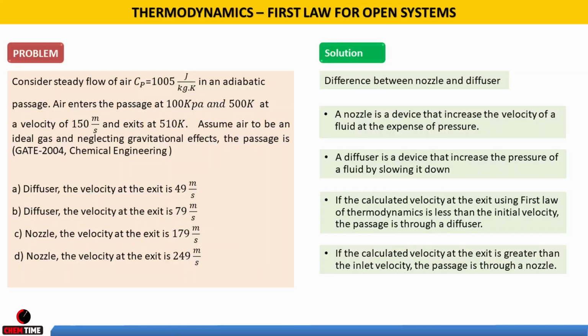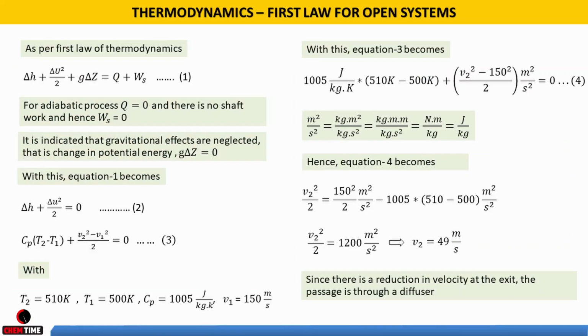So, the first law of thermodynamics written for this particular case is delta H plus delta U square by 2 plus g delta Z is equal to Q plus Ws. For an adiabatic process, Q is equal to 0 and there is no shaft work, Ws is equal to 0. And it is also stated gravitational effects can be neglected.